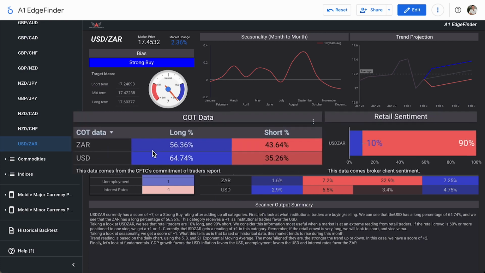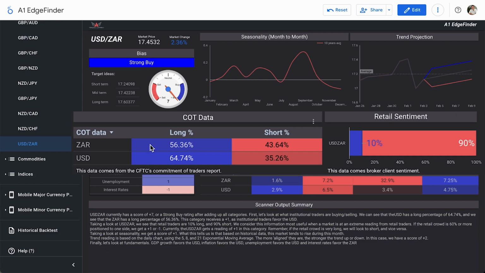So institutional traders, again, we already looked at this US dollar number. Institutional traders 64.74% long and 35.26% short on the US dollar, but ZAR, or the South African rand, 56.36% long and 43.64% short.